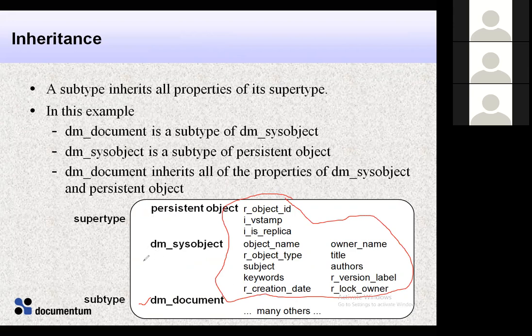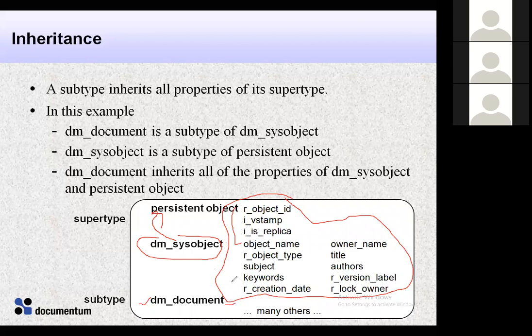It is inherited to the sys object, and by default sys object inherits this persistent object, so it contains these three, and these three are contained by the sys object.